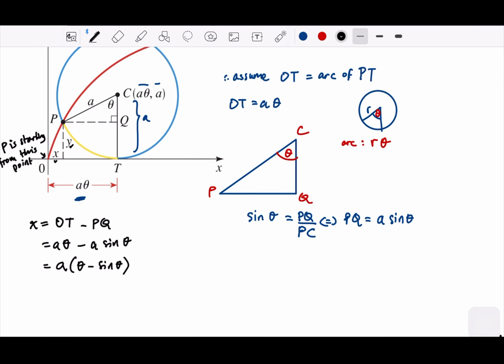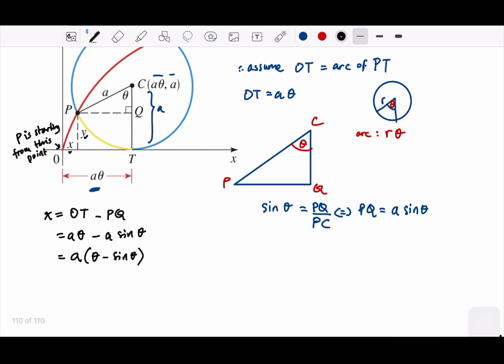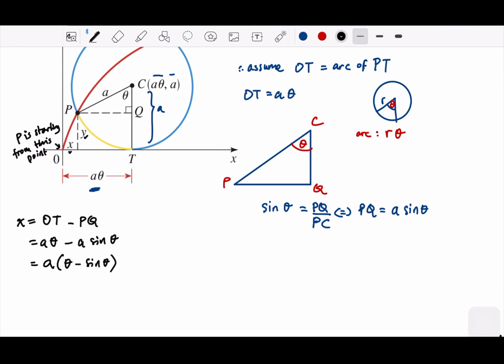That's the first component. The second component is Y. So Y is equal to CT minus CQ. CT is A, and CQ is a cosine theta, but let me write it here as a note: cos theta is CQ over PC, and PC is A, so CQ is A cosine theta.